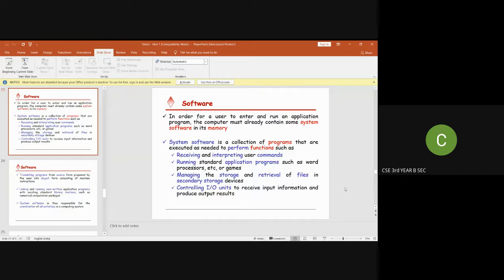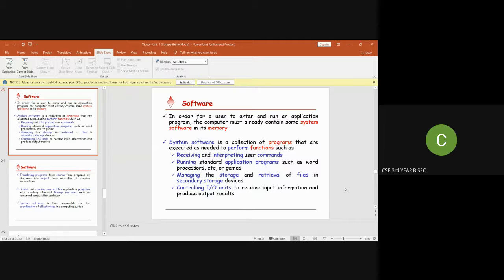The next one is the software. In order for the user to enter and run an application program, the computer must already contain some system software in its memory.